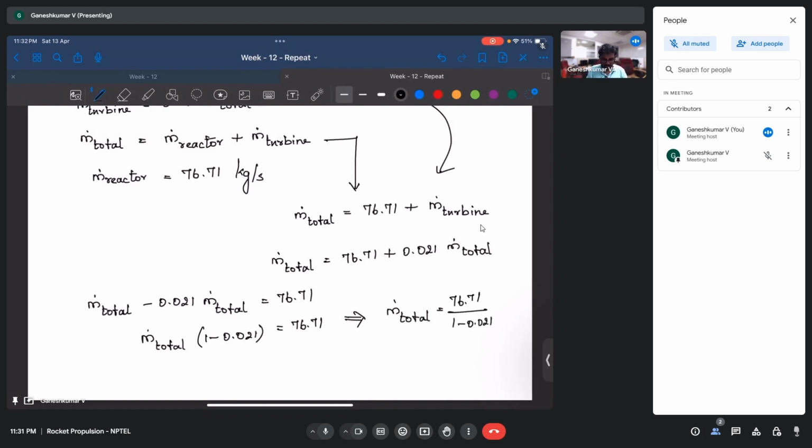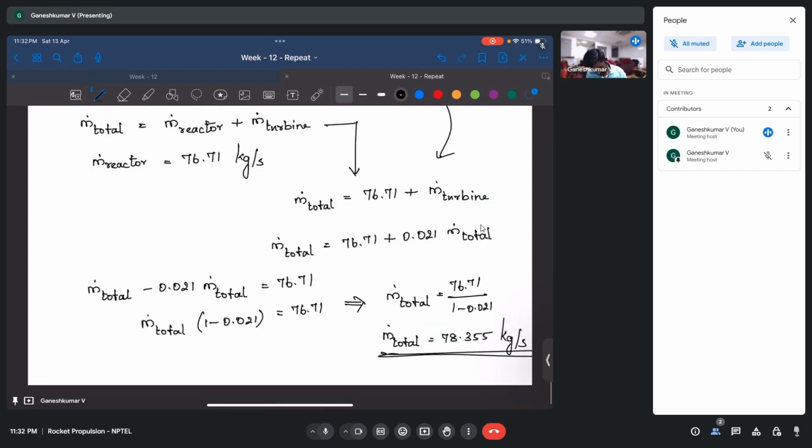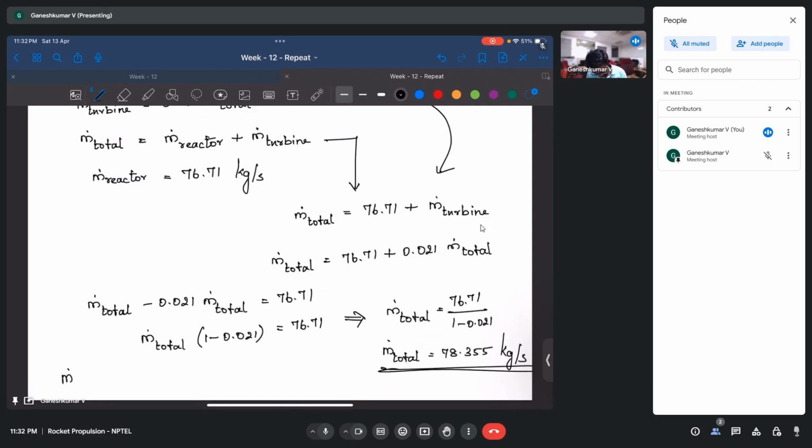How much is that? 1 minus 0.021, and 76.71 divided by the answer. So the total mass flow rate is 78.355 kg per second. And we also need to find m dot of turbine.